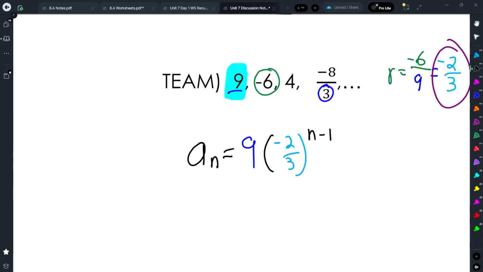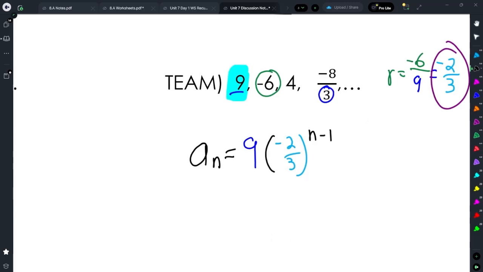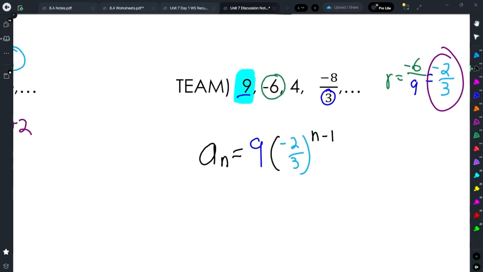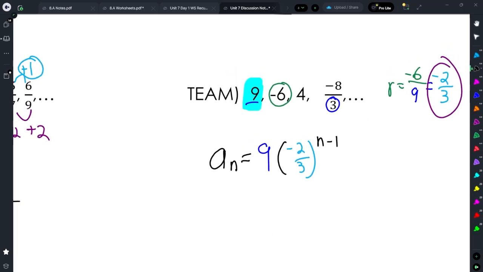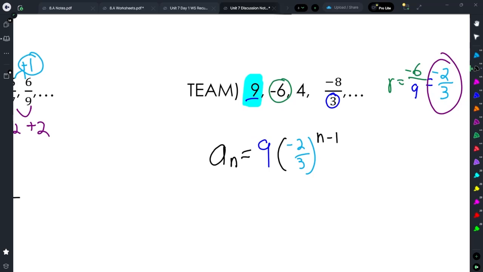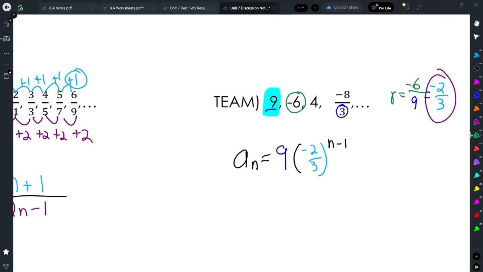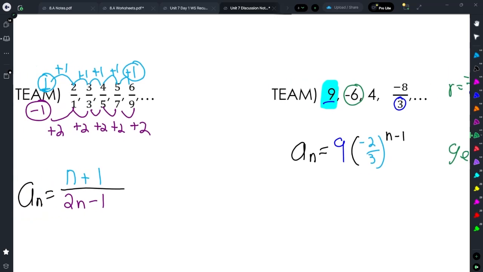And if you're not able to see the common ratio real quick, you can just divide two adjacent terms, and that should give you the r value. But you do want to make sure to check it like we did in the calculator. So this is geometric because we multiply by -2/3 each time.